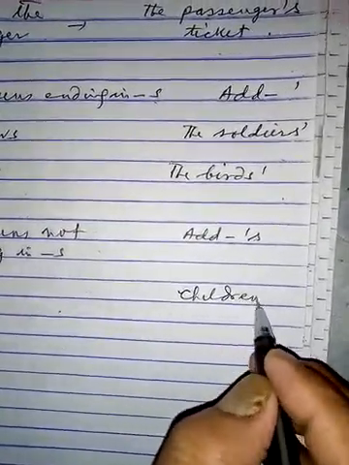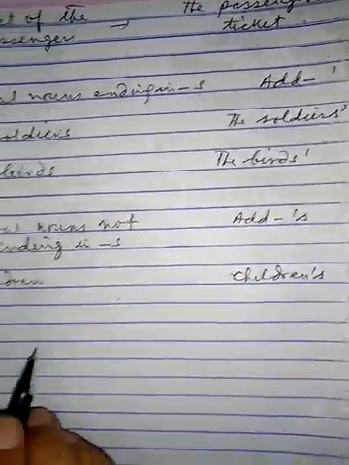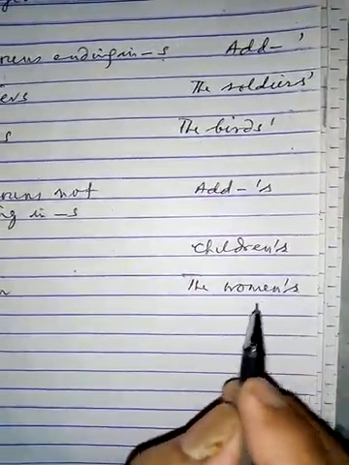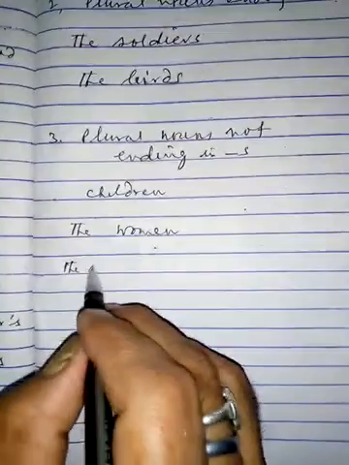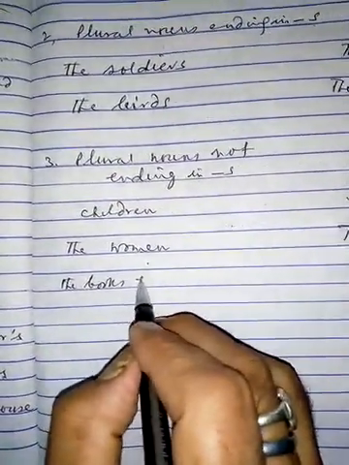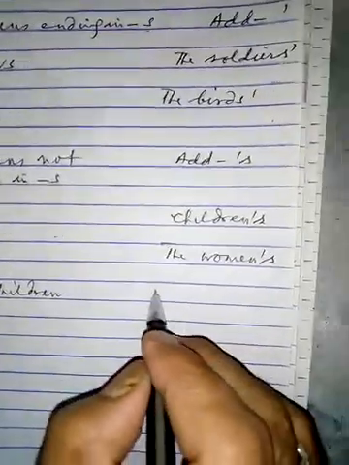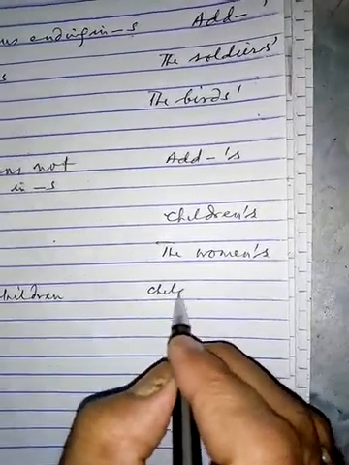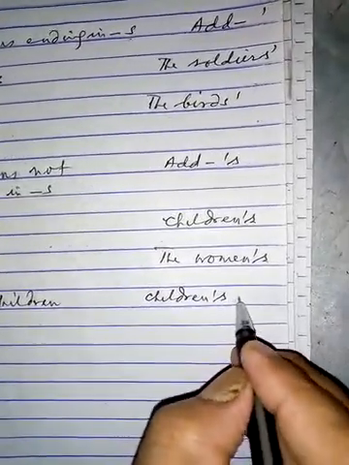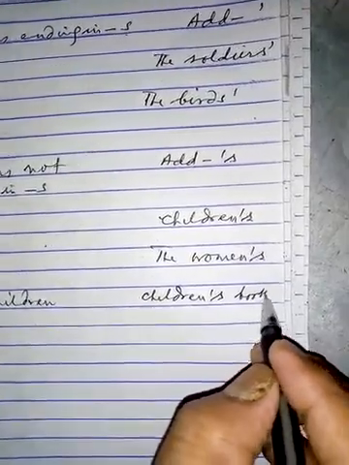So here will be children's. Cleared? Suppose the woman. Plural number. Here will be women's. Cleared? Once more. Suppose the books for children. The answer will be children's books. Clear?